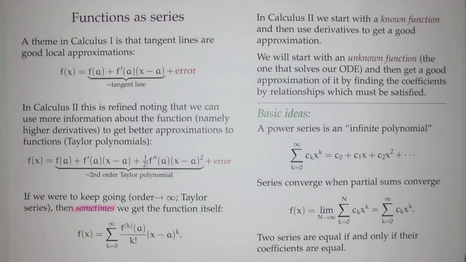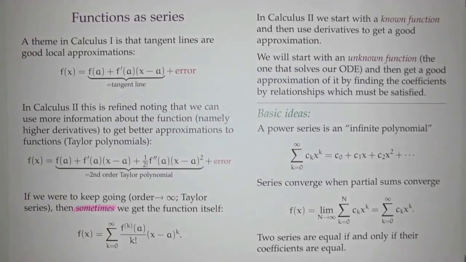But given that we think of it as this big, infinite polynomial, what can we say about what the polynomial looks like? In particular, what are the first few terms? That can give us a really good estimate. And oftentimes, especially in certain engineering applications, a good estimate is all we need. So that's where we're going.